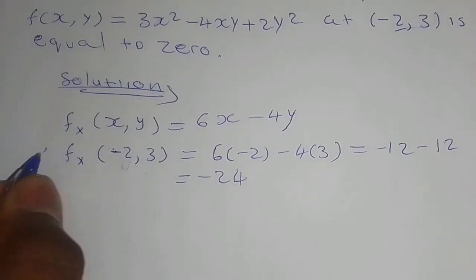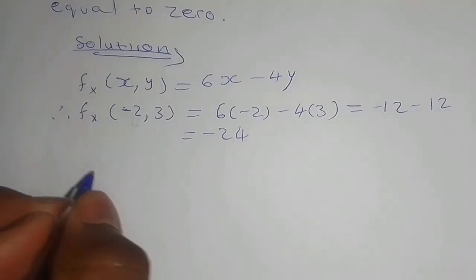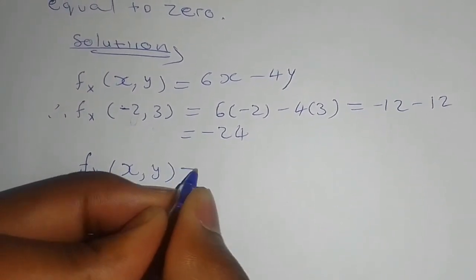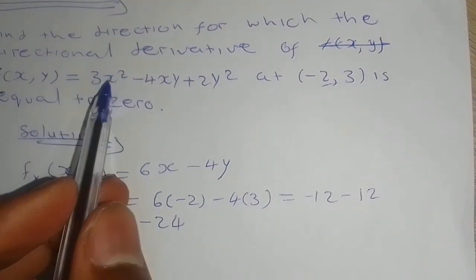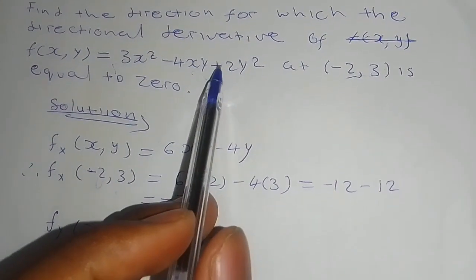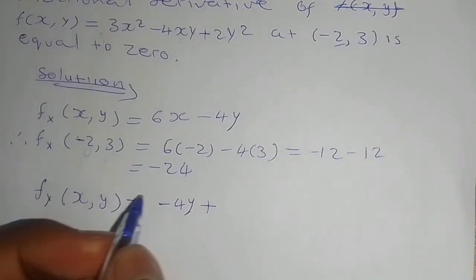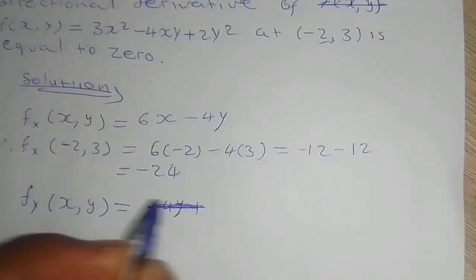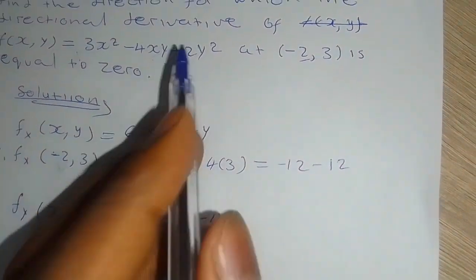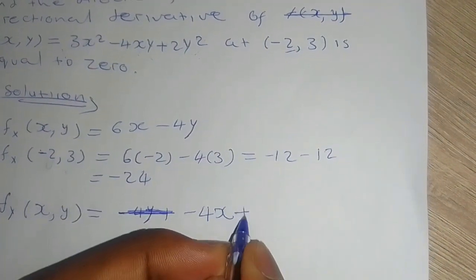Then we can proceed and find the partial of f with respect to y. This term is going to be 0, and the derivative is going to be -4x plus 4y.